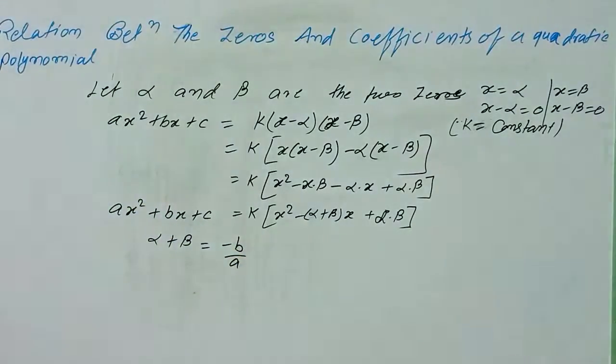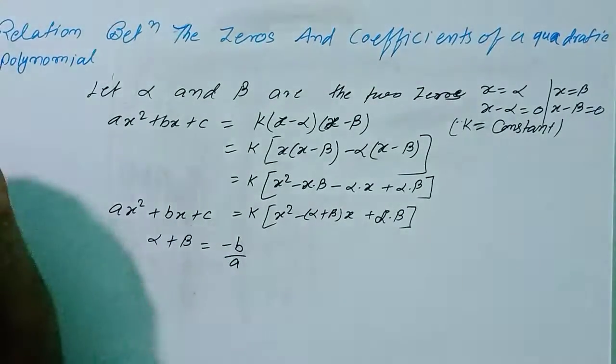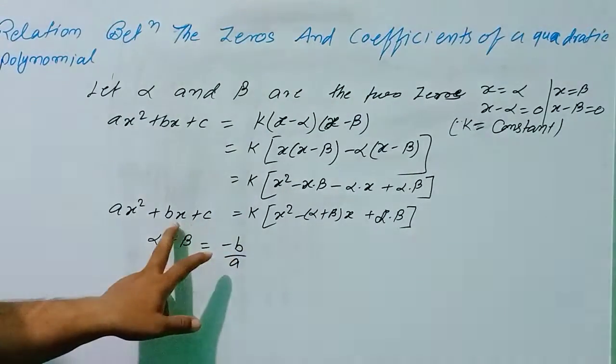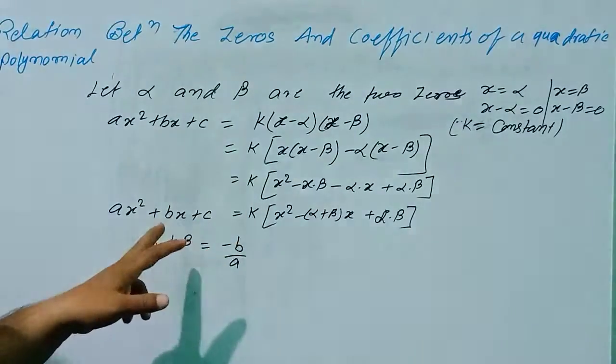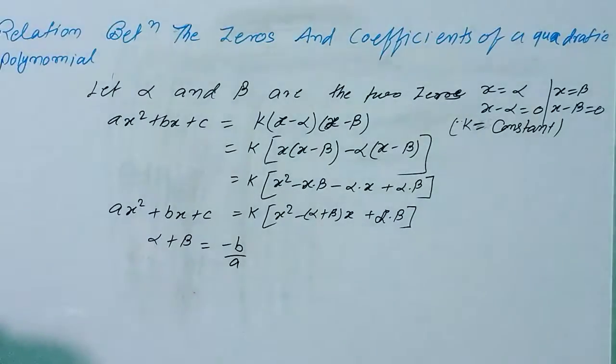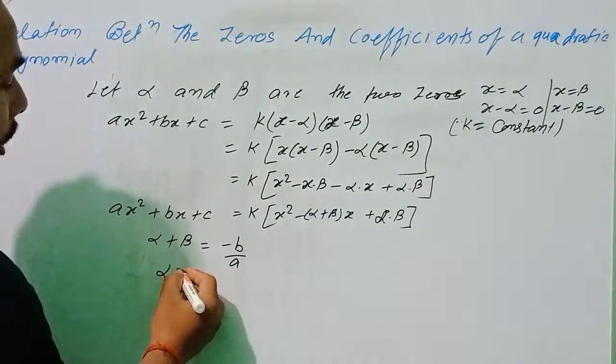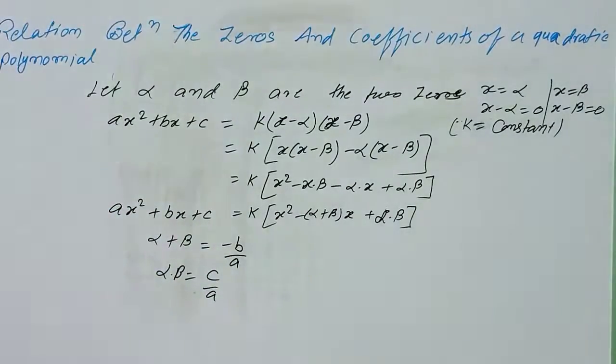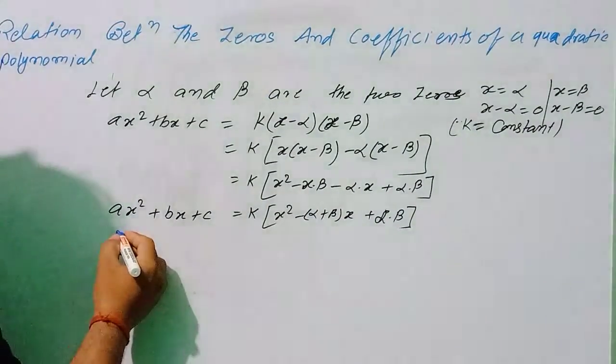Alpha plus beta is equal to minus b by a. So you will ask how to write these equations equal to these equations. We will solve. Okay. Then here comes alpha into beta is equal to c by a. Okay.